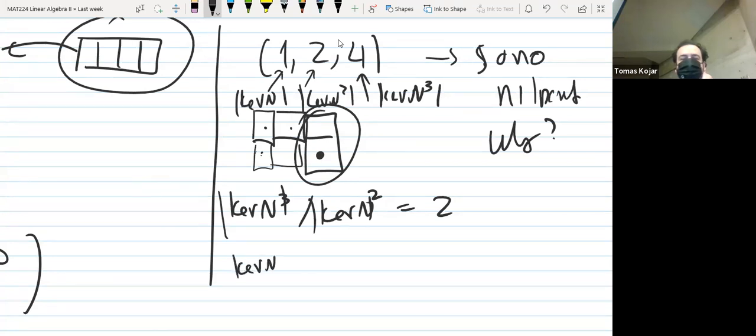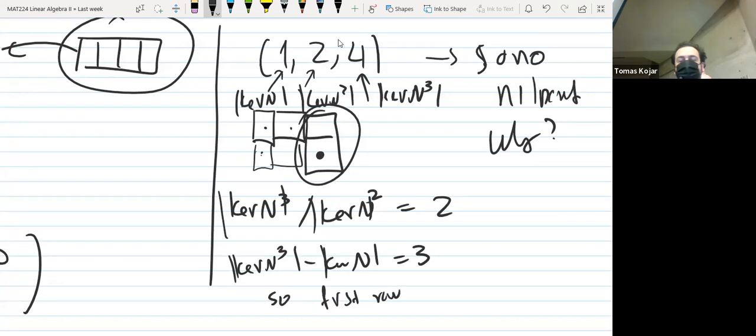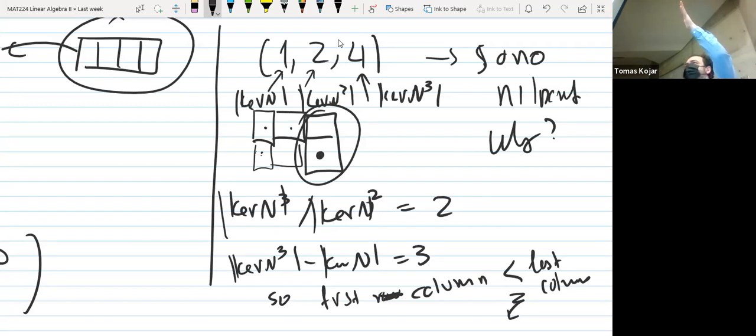So you can do it this way as well, if you like. So you have 3. The first row has first column has fewer elements than the last column, which is a contradiction. That's the quickest way, because the way we arrange those cycles is so that the first column has all the elements in the kernel.